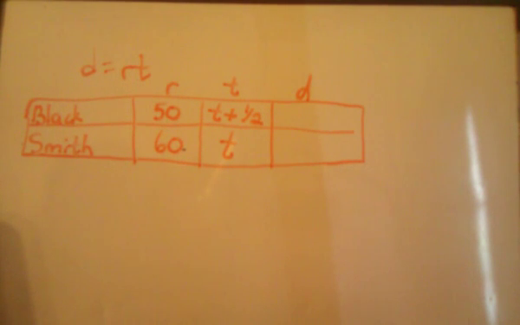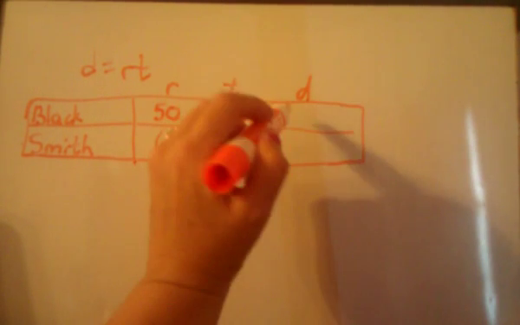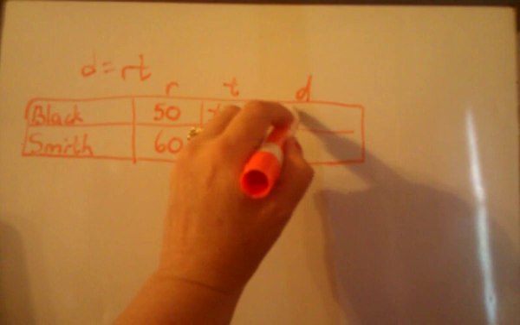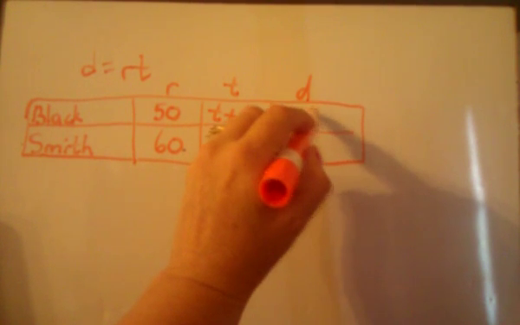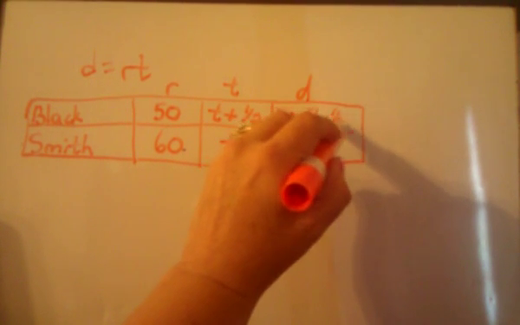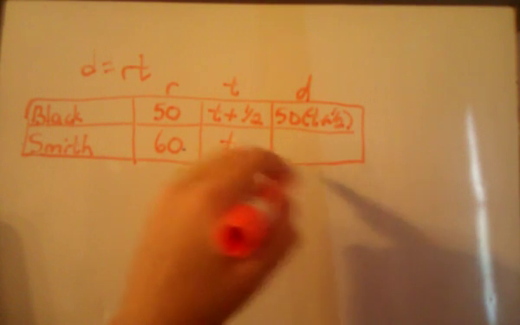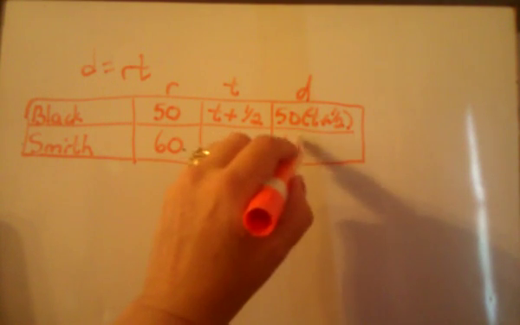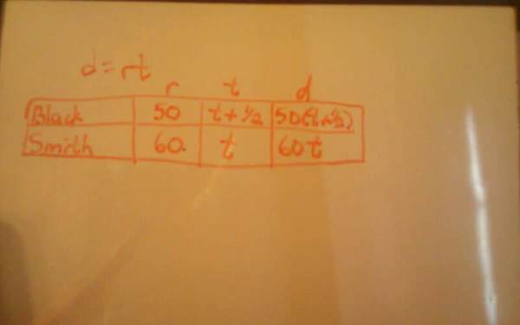At what time will Mr. Smith overtake Mr. Black? Okay, distance we know is rate times time. So I can do 50 times t plus 1/2. Rate times time, this is going to be 60t.